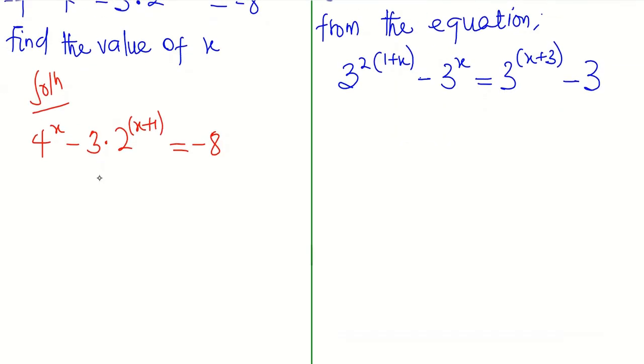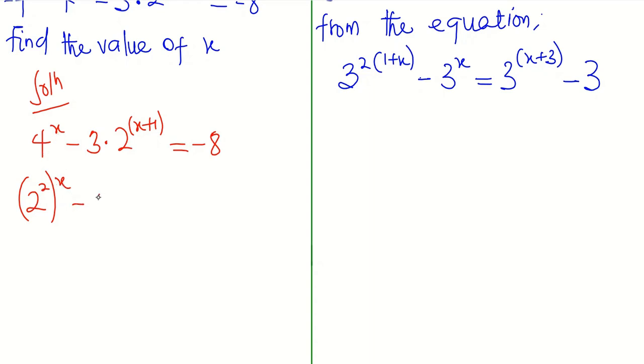Now at this point we have to look for common base and common exponents, and then we equate them to a preferred variable, which means that we can simplify 4 exponent x as 2 exponent 2 all exponents x, because 2 exponent 2 is giving us 4, and our existing x is what we have written here.